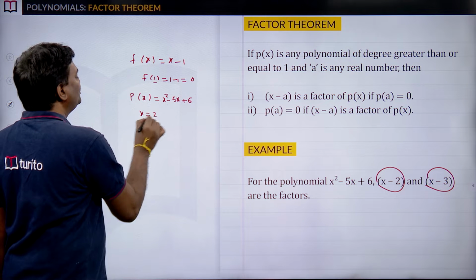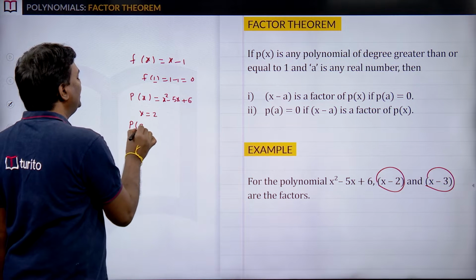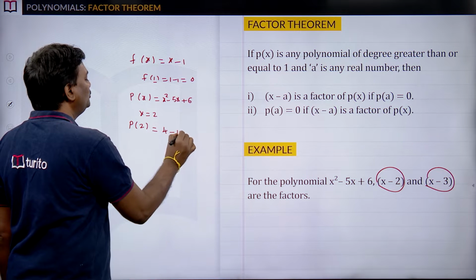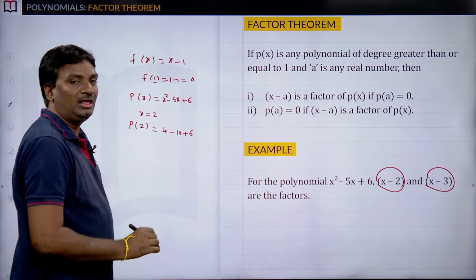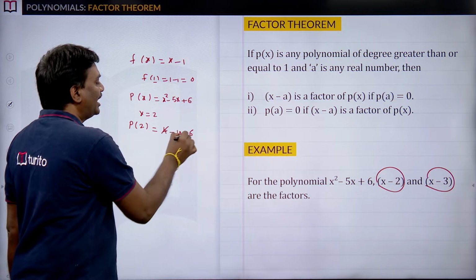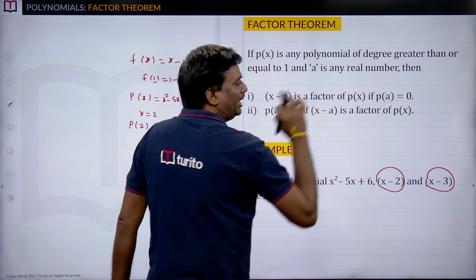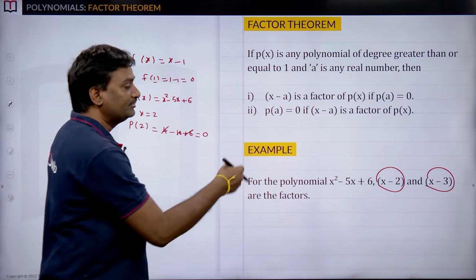By taking x equal to 2, what will you get? P of 2 equals 2 square, 4, minus 5 times 2 is 10, plus 6. 4 plus 6 is 10, minus 10 cancels, we get 0. So P of 2 equals 0.